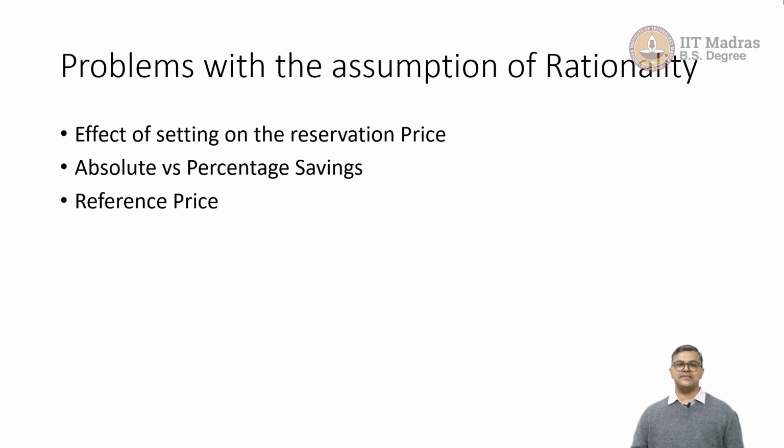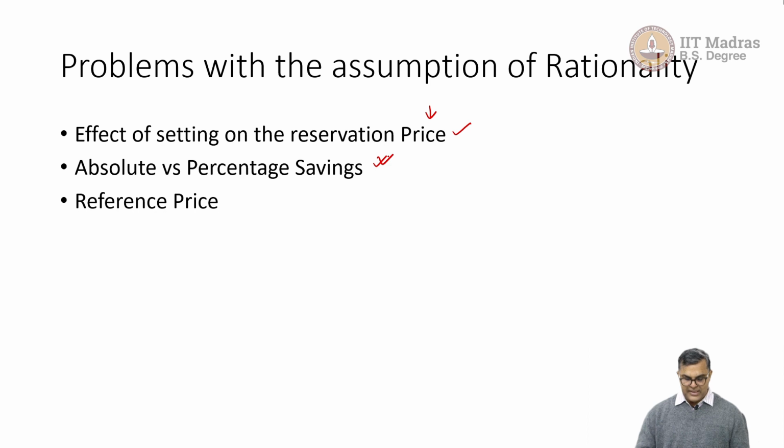The third problem is about maximizing surplus. You remember the three assumptions we had. The first, that people have a reservation price. The first example I gave you says that yes, there can be a reservation price, but it may not necessarily be fixed or immutable.